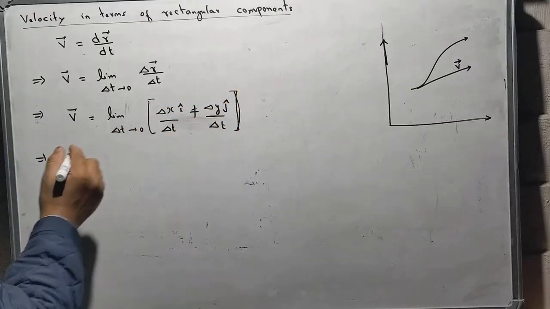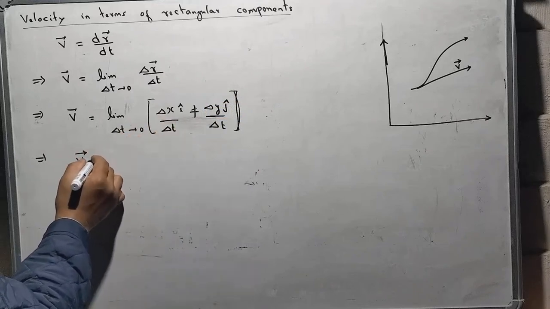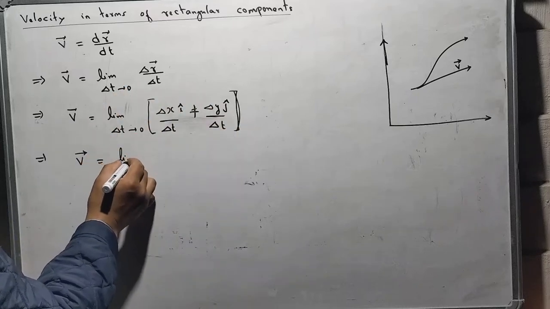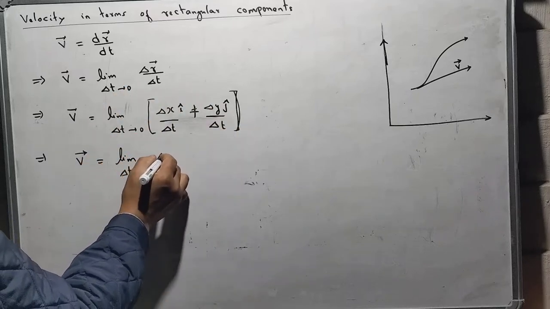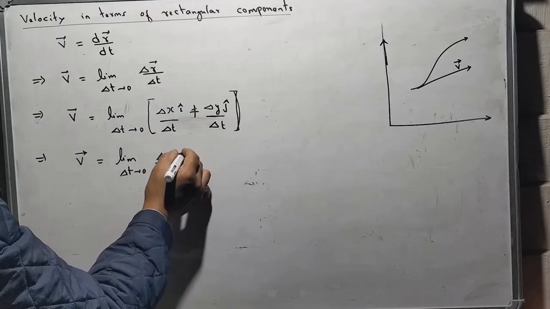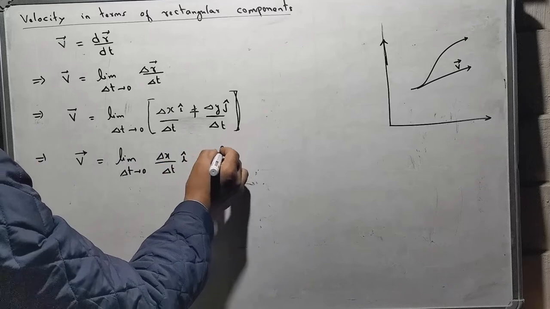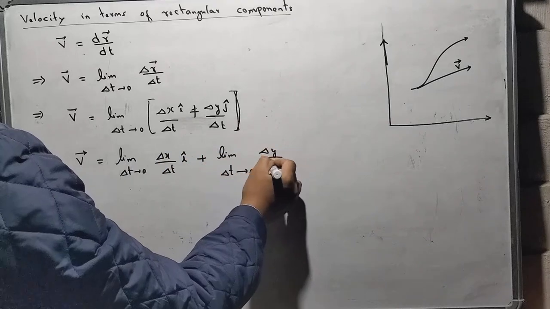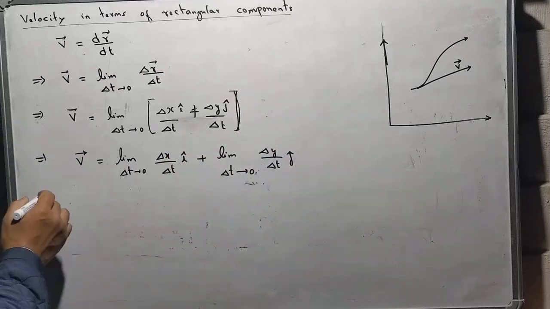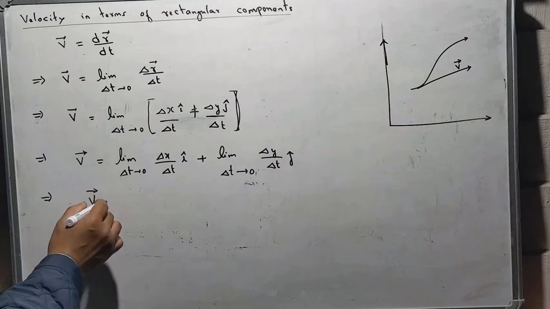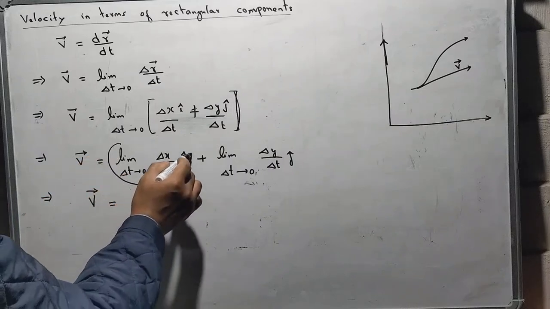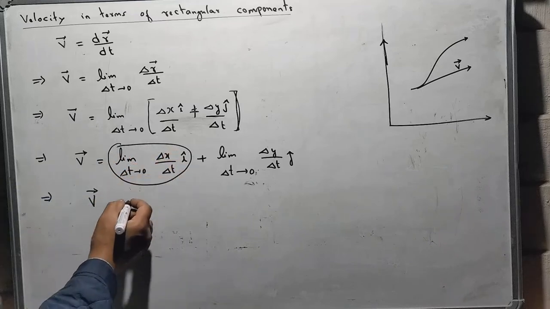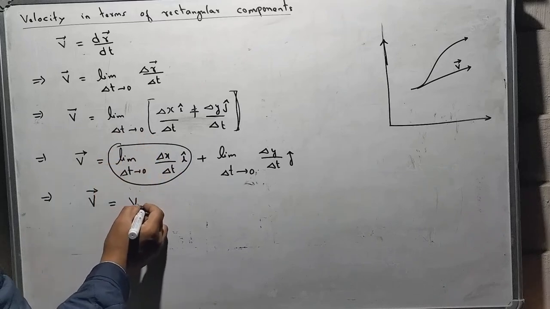Next, you take the limit on each term. When you remove the bracket, you have to take the limit for this term and for the second term. So, limit delta t tends to 0 of delta x upon delta t i cap, plus limit delta t tends to 0 of delta y upon delta t times j cap. Or we can say v vector is equal to, now this limit of delta x upon delta t would mean the instantaneous velocity along the x-axis.